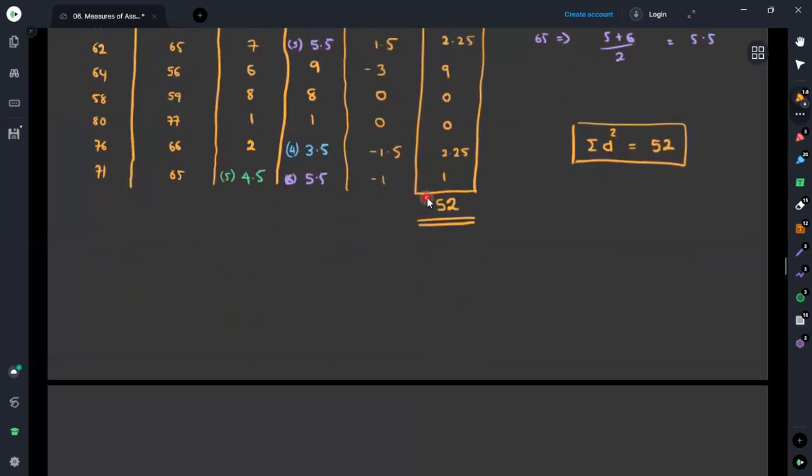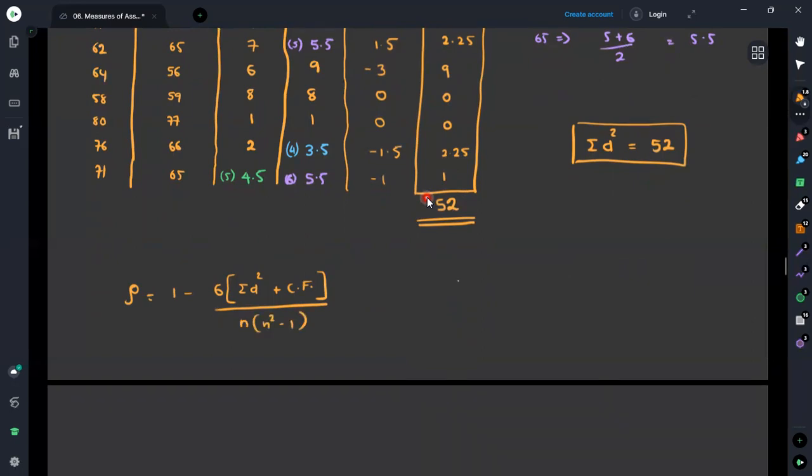Now, according to the equation that we have, rho equals 1 minus 6 times the summation of d squared plus the correction factor, because we have tied rankings, divided by n times n squared minus 1.